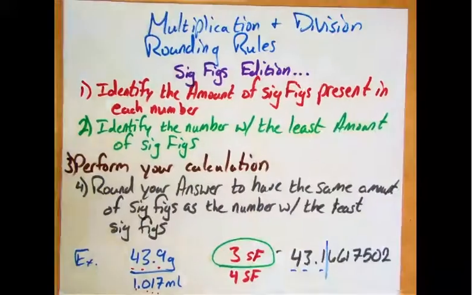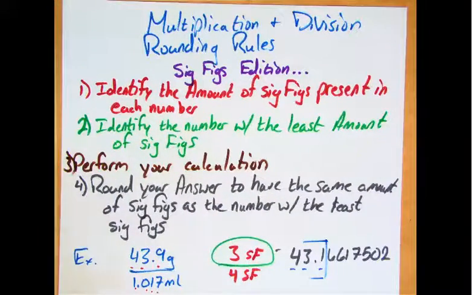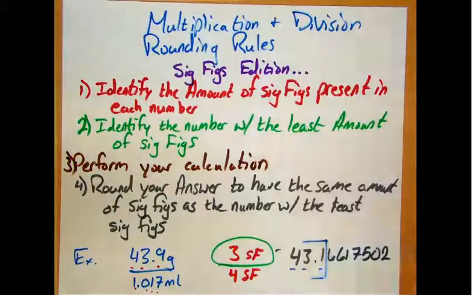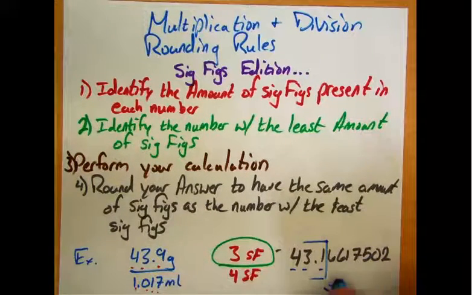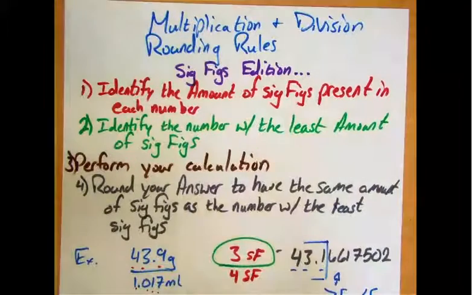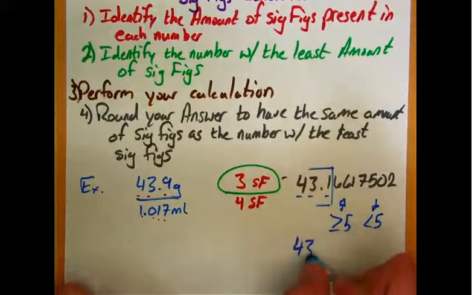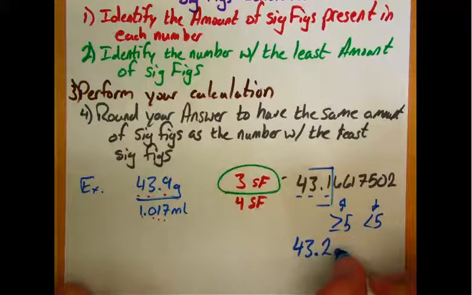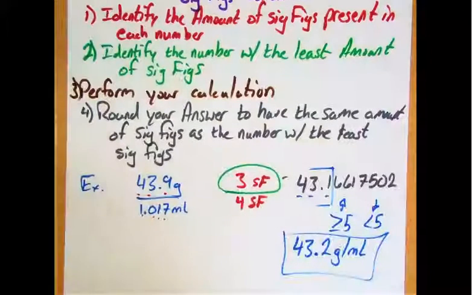That means that those 3 are the only significant figures. Since the number after that is greater than or equal to 5, I'm going to round up. If it is less than 5, then you round down. So for this one, we're going to round to 43.2 grams per milliliter. And that is our final answer with this problem.